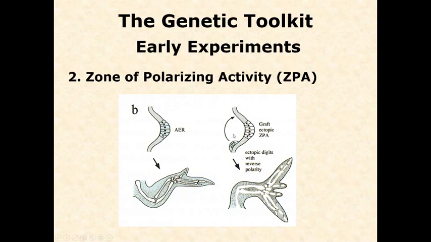So the zone of polarizing activity, let me be clear, is responsible for posterior to anterior patterning of the limb, where the AER is responsible for proximal and distal patterning of the limb, getting those gradients set up correctly to create the right axes of the developing limb.